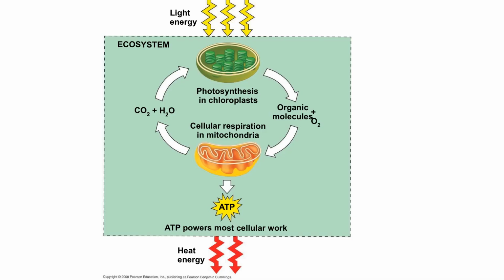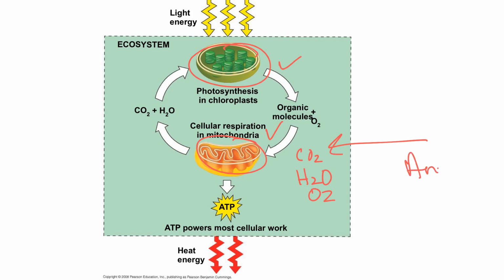So this is a little cleaner picture of what I just said, right? It shows that our carbon dioxide, water, and oxygen is recycled from the chloroplast to the mitochondria. And of course, if you're in a plant cell, you have both of these. If you're in an animal cell, we just are going to have the mitochondria. But what does not cycle is energy, right? So molecules recycle, but energy does not.